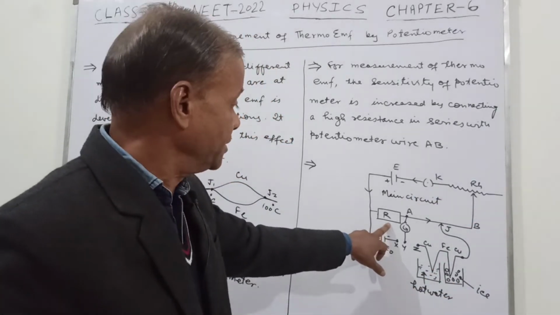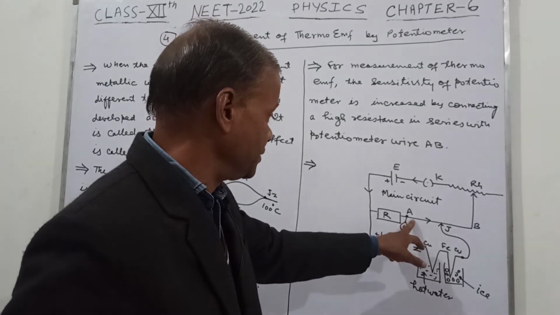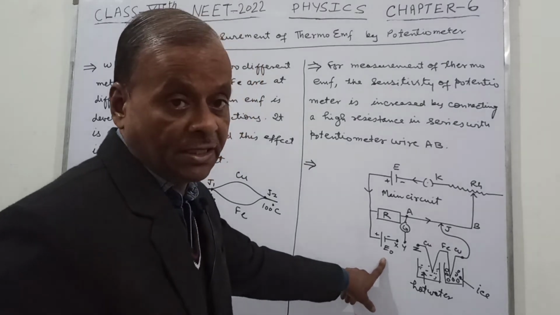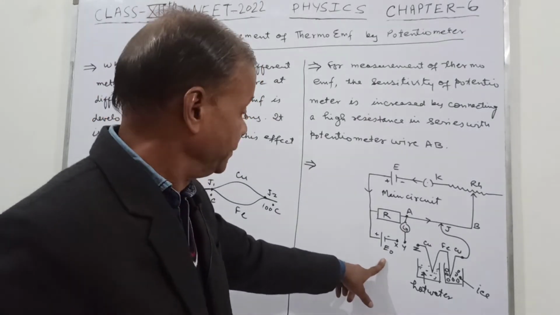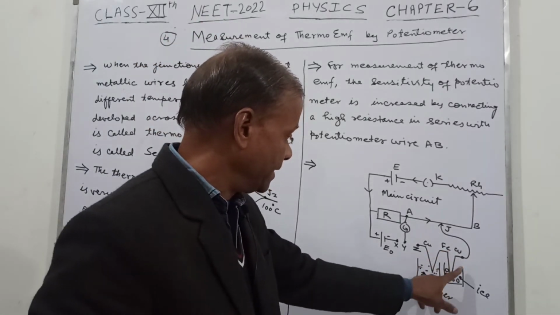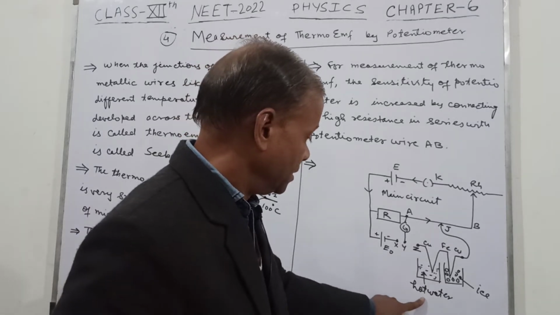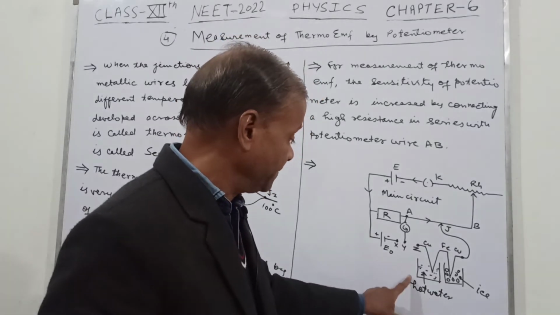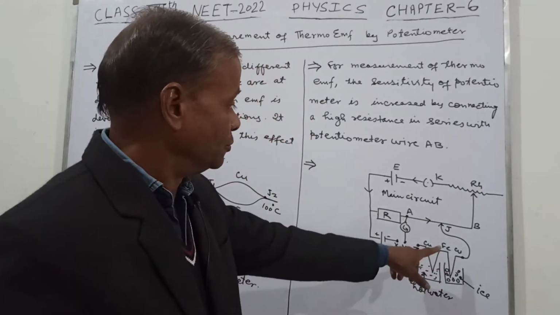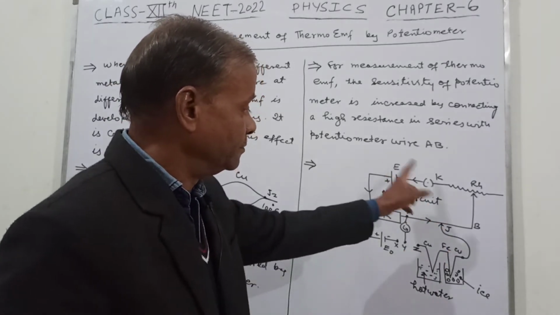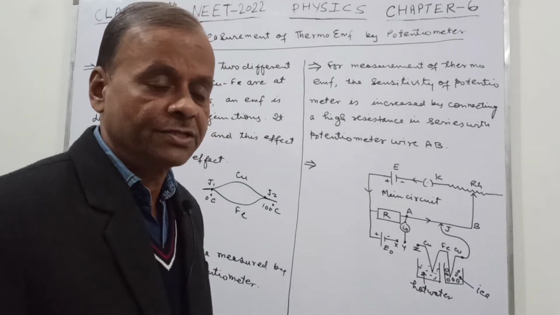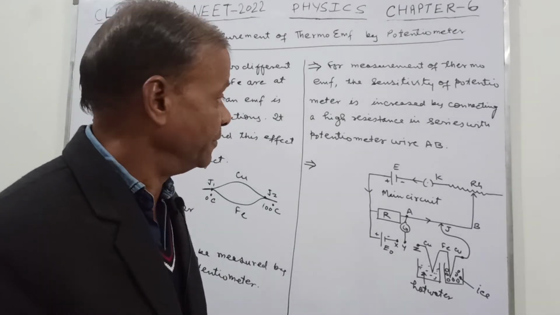This is the high resistance that we have connected in series with this potentiometer wire AB. This is a standard cell of known EMF E0, and this is the junction copper and iron. This junction is at 100 degrees centigrade, kept in hot water, and this is kept in ice, so it is at 0 degrees centigrade. So this is the circuit diagram of the potentiometer to measure the thermo EMF.